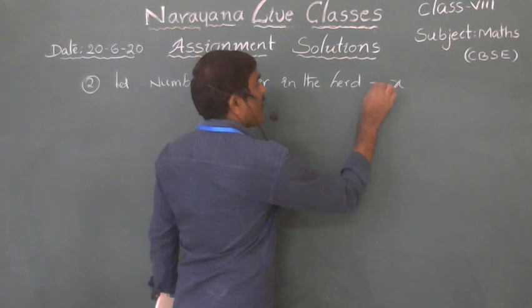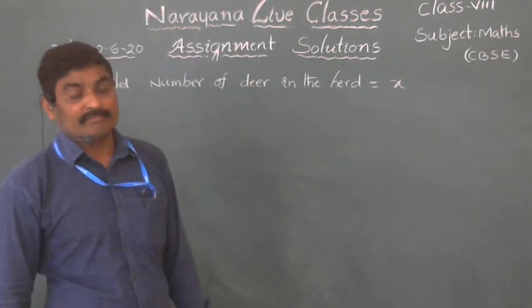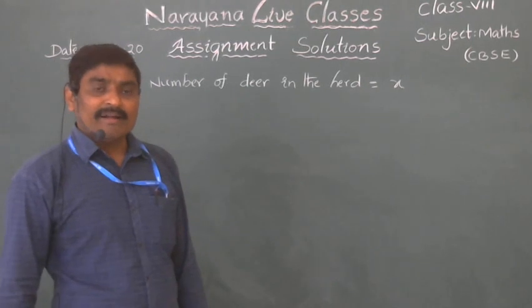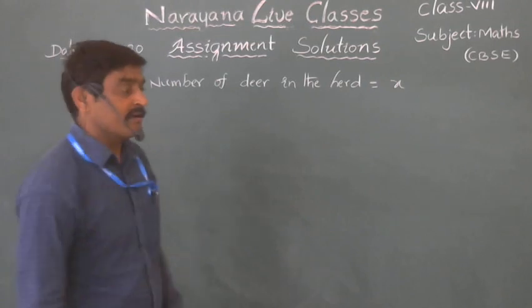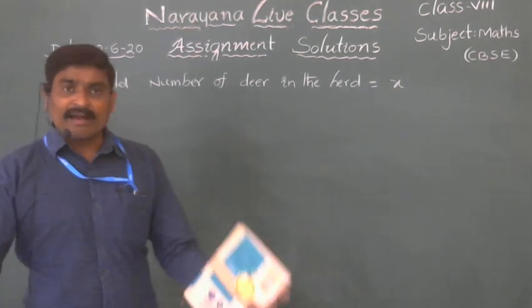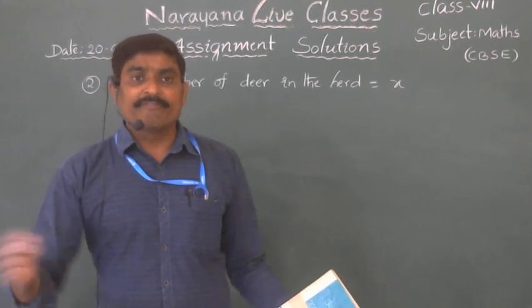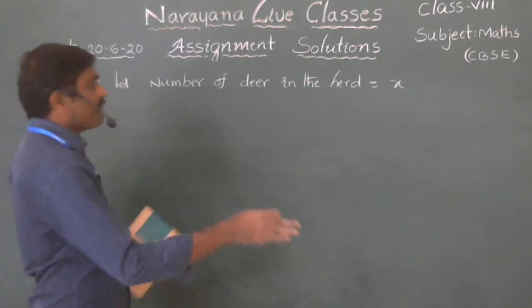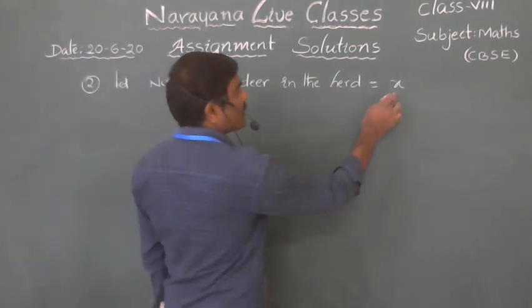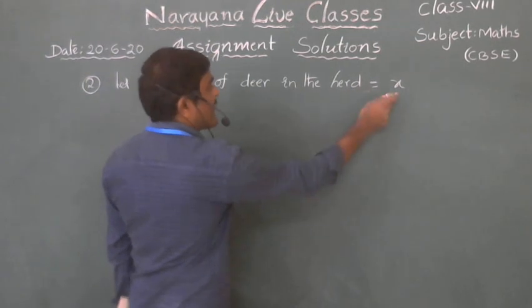Half of the deer of the herd are grazing in the field. For example, if there are 100 deer, half means 50 deer are grazing in the field. So half means we multiply by 1/2.